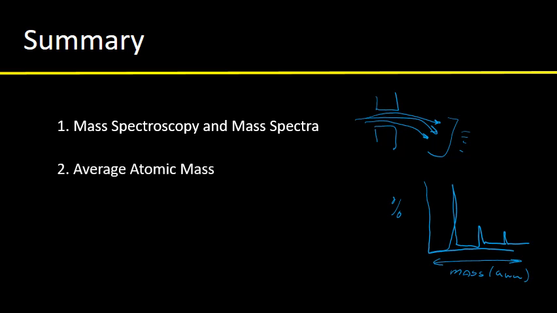So you should be able to read and interpret those kind of spectra, the kind of mass spectrum data. Right? Then we used those data to calculate average atomic masses, and that's just a weighted average of the different masses of the naturally occurring isotopes. And we looked at using the atomic mass to calculate the masses of large collections of atoms.